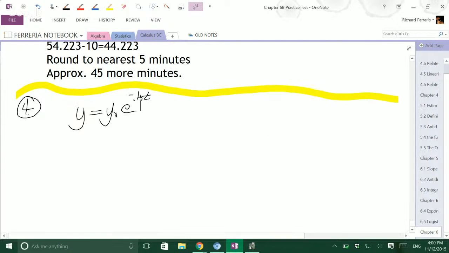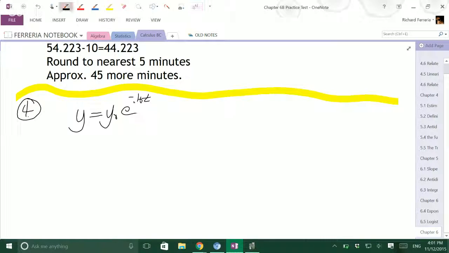It's a good question. Half-life happens when the population is half of the initial, right? So basically what we're saying is half of y naught is going to be equal to your equation.